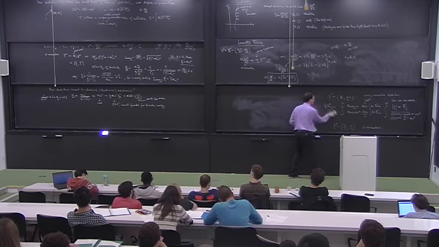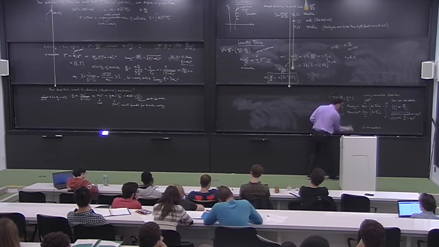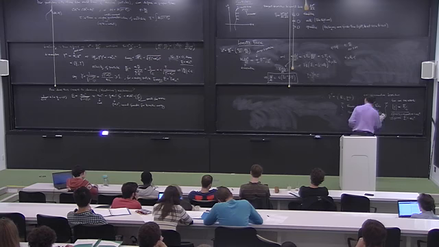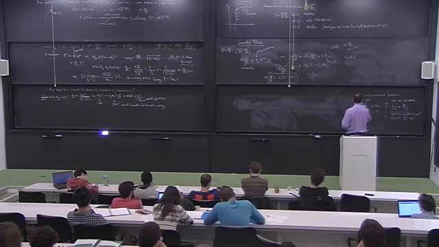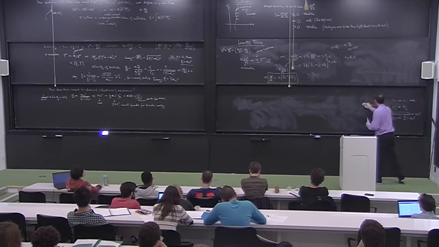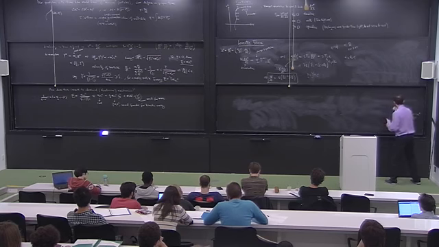Let's now start to think about the action for particles and what the action should be in relativity. And then these conservation laws and the equations like E equals mc squared will follow very, very naturally.